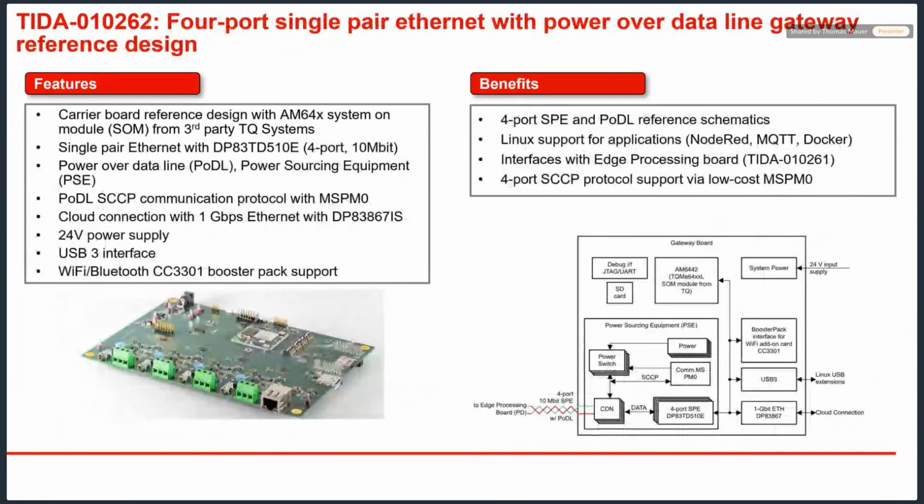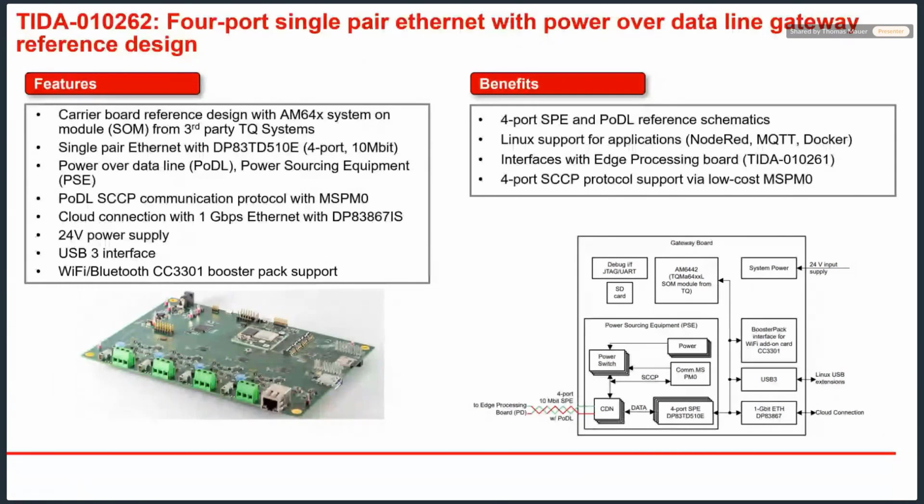So the next board I want to give you a closer introduction is the gateway board. In principle, it supports 4 times single pair Ethernet, and you see these connectors over here. And we have the option either to use this, let's say this green block to screw on the 2 wires, or we have alternatively here like a connector.